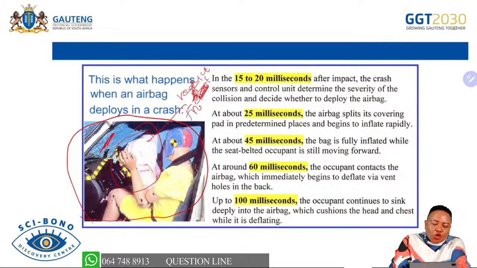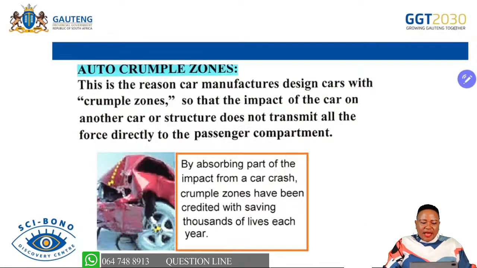So what will be reduced when you hit the airbag? The net force, but there will be more time of contact between you and the airbag. All the story you see here is emphasizing why an airbag is important and what exactly happens when you hit an airbag during a crash.